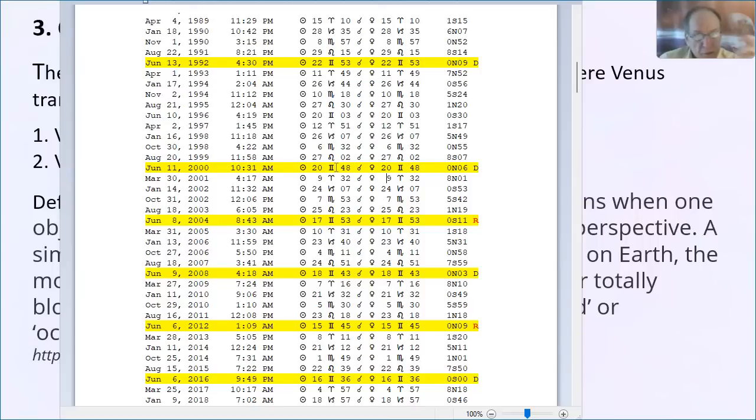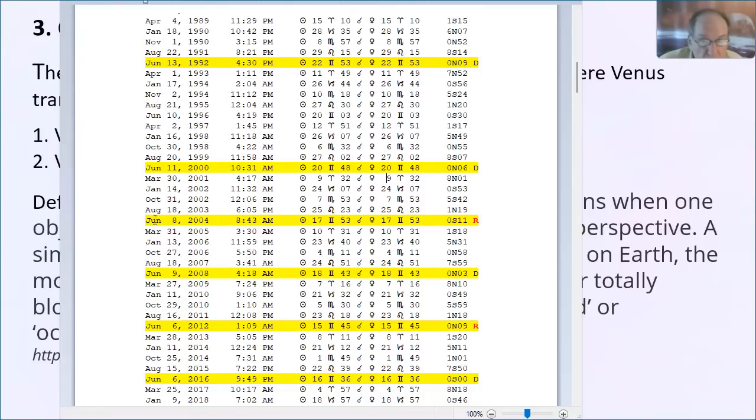We give special attention to them. Therefore, it would be reasonable to assume that these particular star points, the one on June 11, 2000, and maybe when Venus is retrograde and that little dot of Venus moves across the face of the sun, similar to a solar eclipse when the moon moves in front of the sun, maybe it's particularly important.